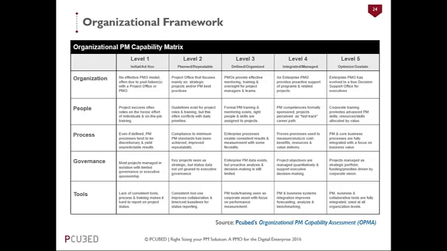And so how this works, you can see down the left side are the 5 different components, and across the top are levels 1 through 5, and those are basically the capability levels or the maturity levels. And this model, this matrix, was built with input from PMI's OPM3 as well as CMMI.